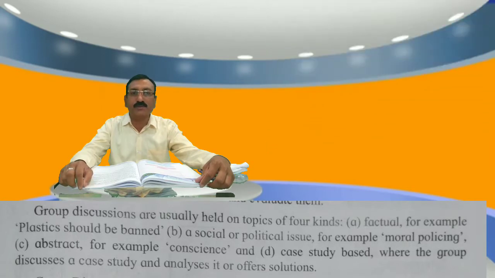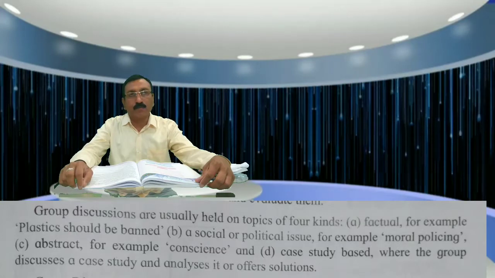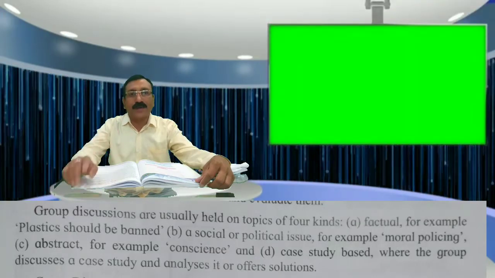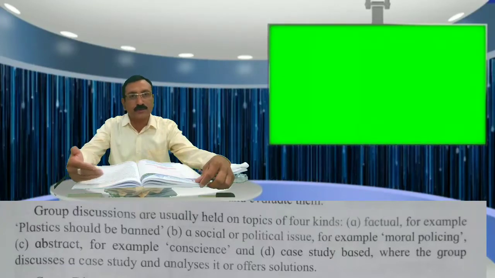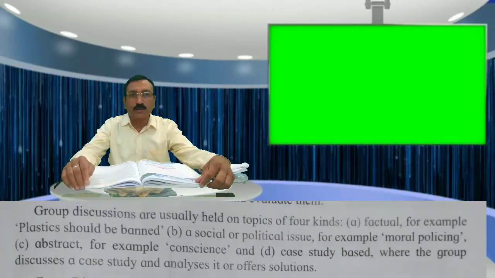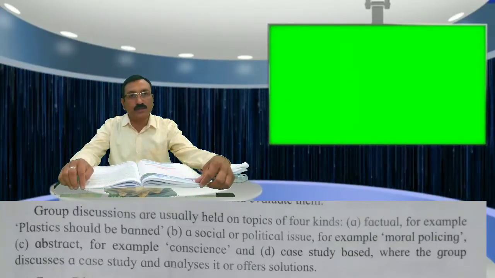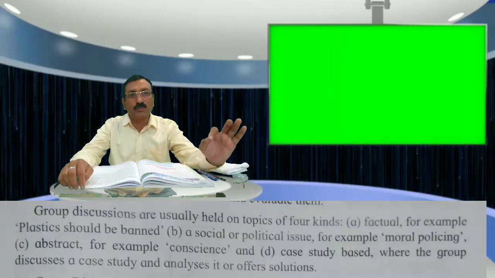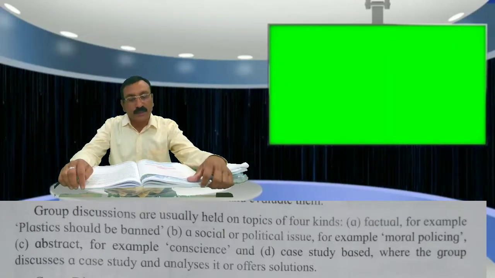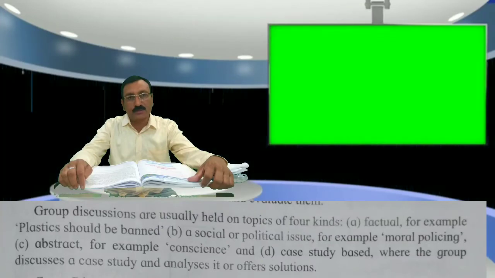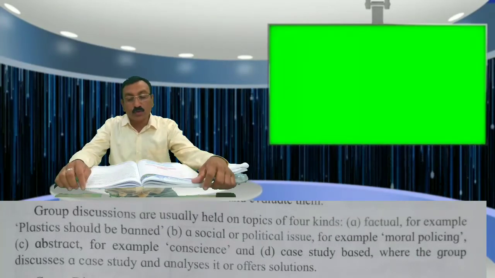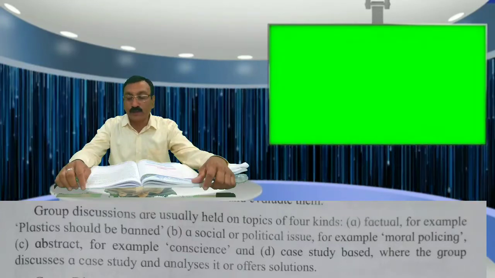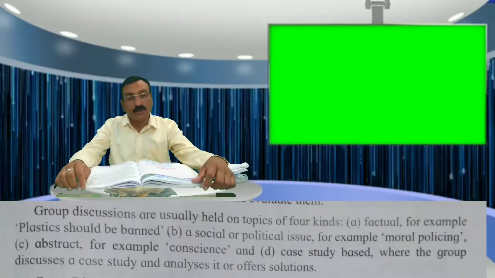The participants here will put forward the facts regarding the topic. The example is given in the textbook: plastics should be banned. The next type of topic may be a social or political issue. For example, moral policing.